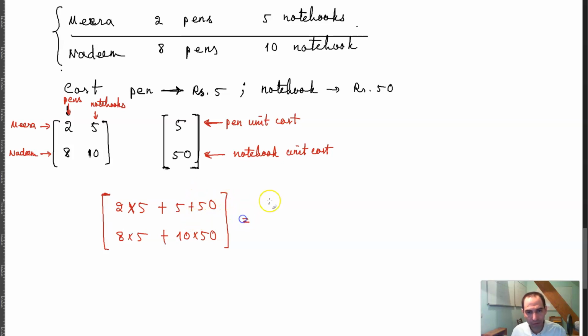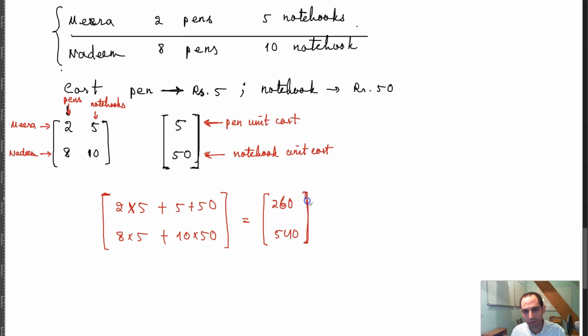I can write this as 10 plus 250, which is 260, and this number becomes 40 plus 500, which is 540.